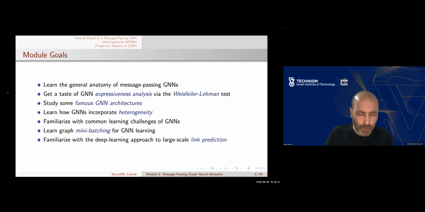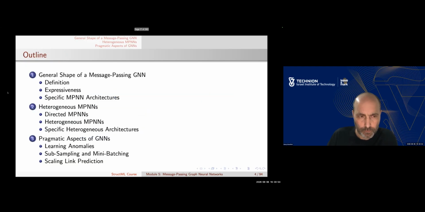And we're going to dive a little into the task of link prediction, which is a major scalability challenge, because if you want to predict whether there's going to be a link between two nodes, you essentially need to look at every pair of nodes. So we'll see how to do it effectively using a deep learning approach.